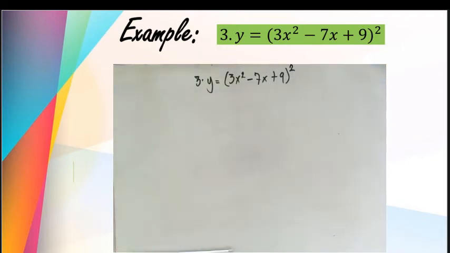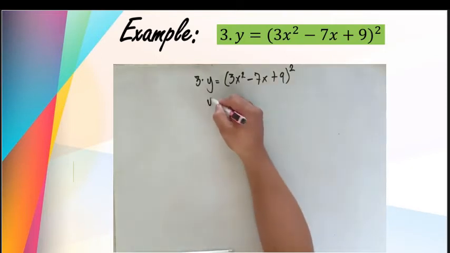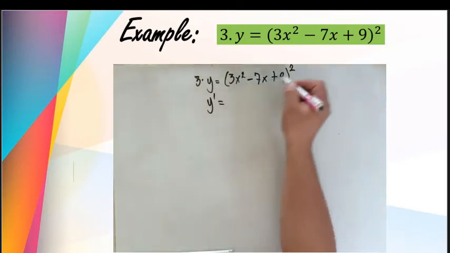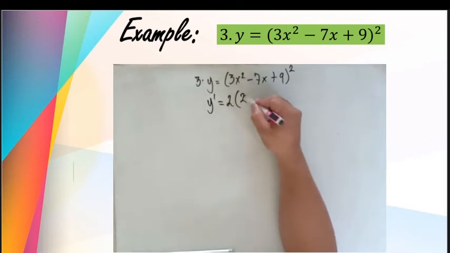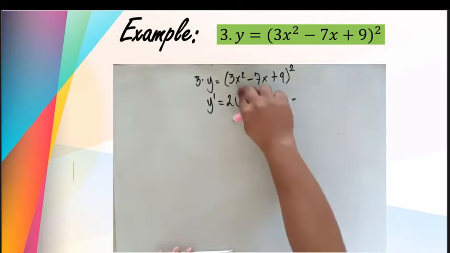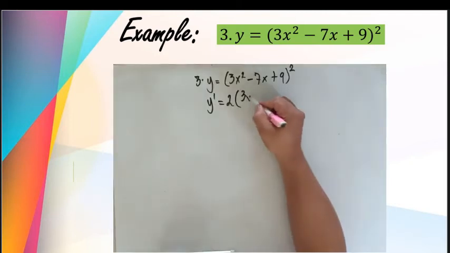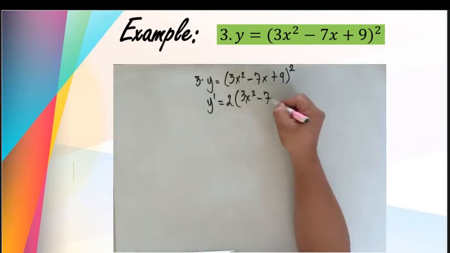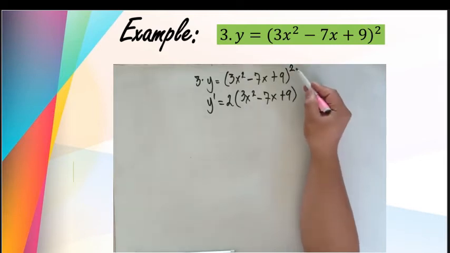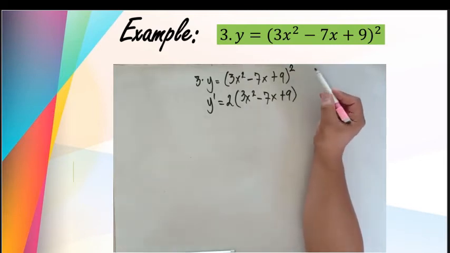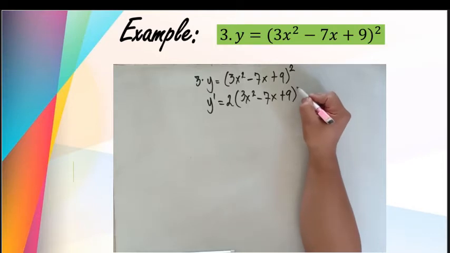So let's apply the chain rule. That's y prime is equal to, bring your 2 down here, copy your 3x squared minus 7x plus 9. Don't forget to subtract 1 from the exponent 2. So there, 2 minus 1 is 1.